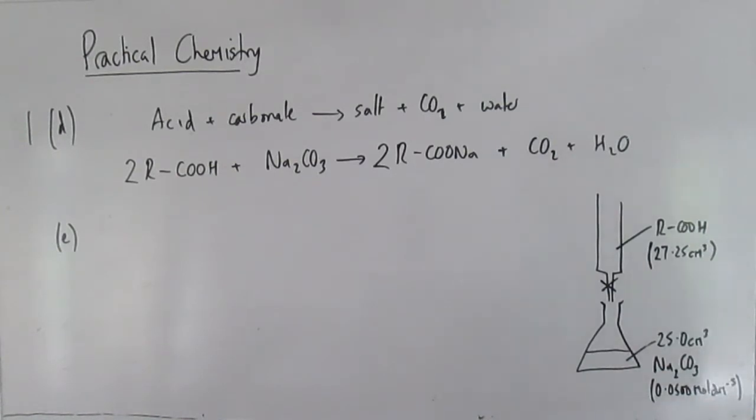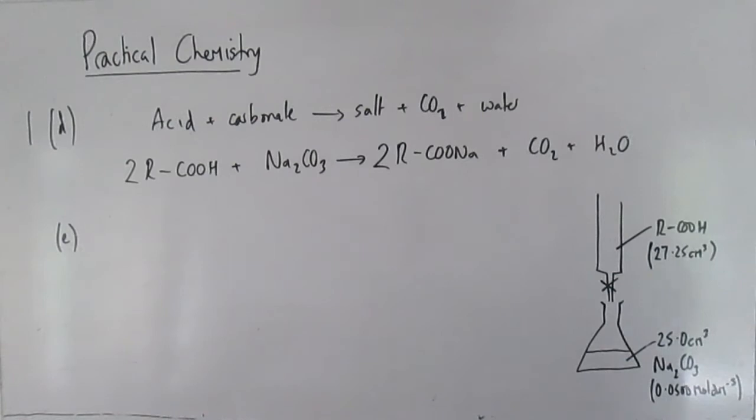And we know its concentration, because you made up the standard solution, so that's an accurately known concentration. So that's what's in the flask, and we're adding the carboxylic acid, RCOOH, and the volume of that that's added, the mean volume, is what we've just worked out in the previous part, 27.25 cm³. So that's the volume of the carboxylic acid. So the advantage of having a little summary picture like this is that you're much less likely to get the numbers mixed up.